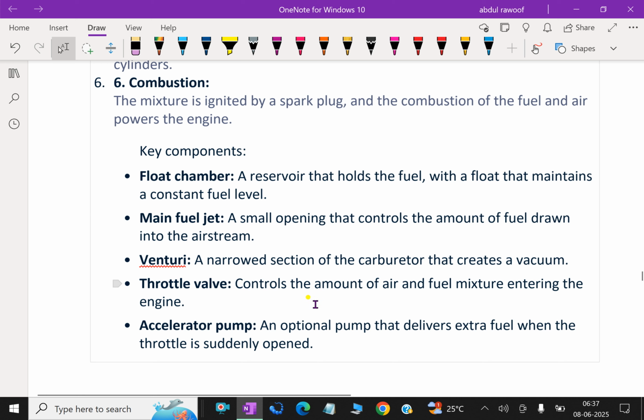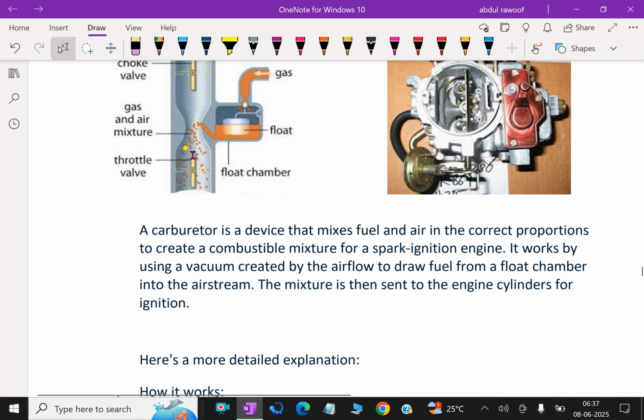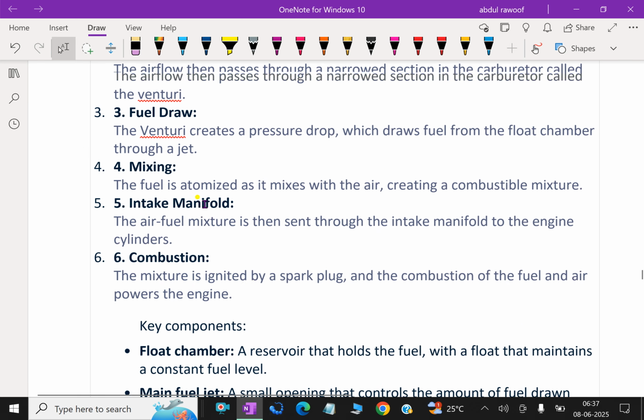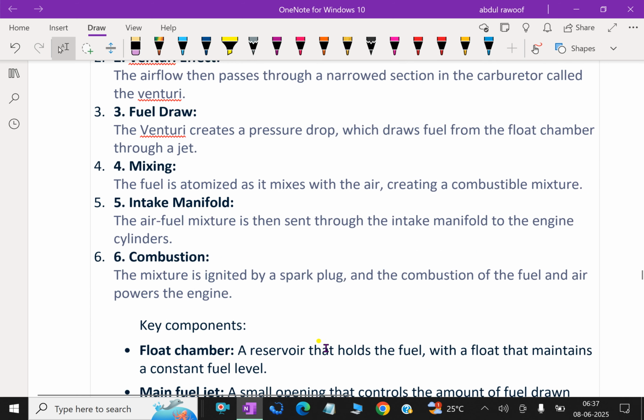Throttle valve: controls the amount of air and fuel mixture entering the engine. This is the throttle valve here. Accelerator pump: an optional pump that delivers extra fuel when the throttle is suddenly opened.